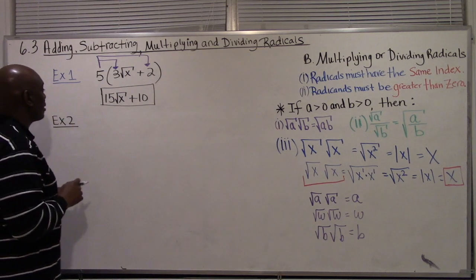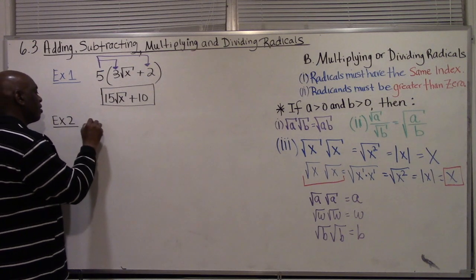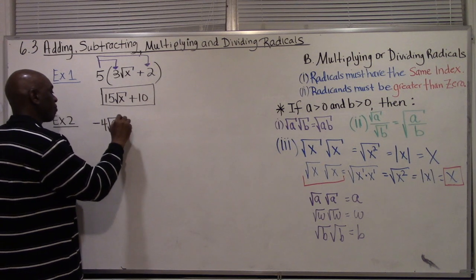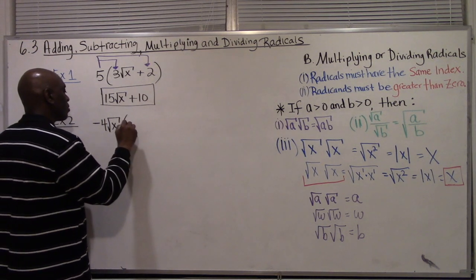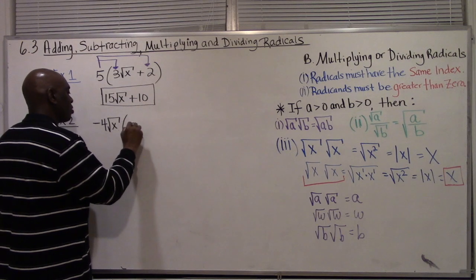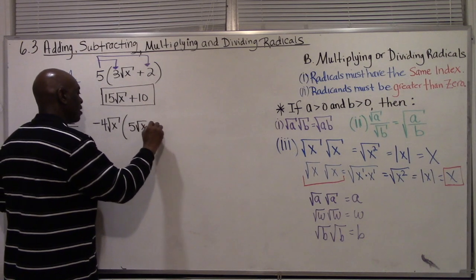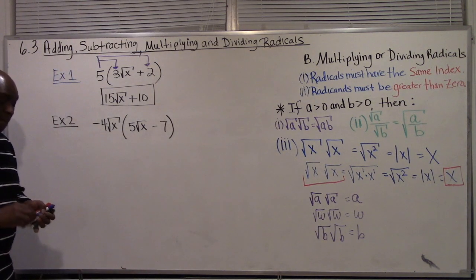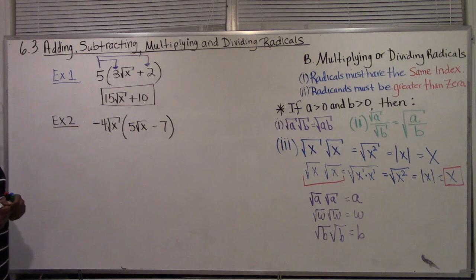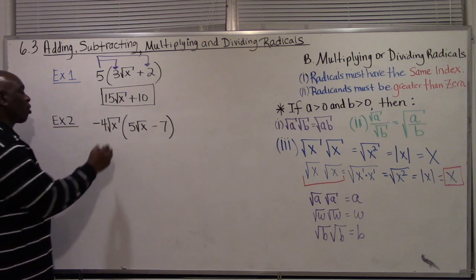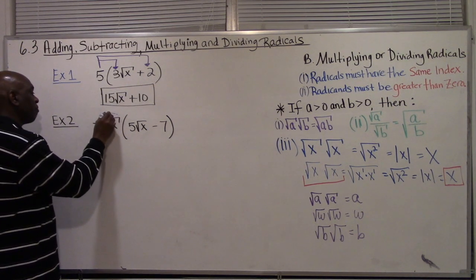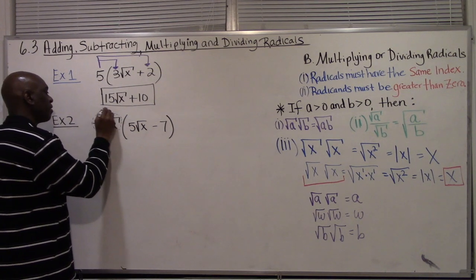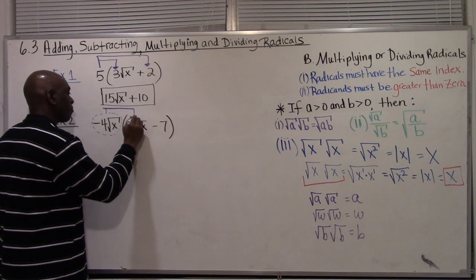All right. Let's take a look at -4 square root of x times 5 square root x minus 7. So now we have to take this whole expression right here and multiply it right here first.